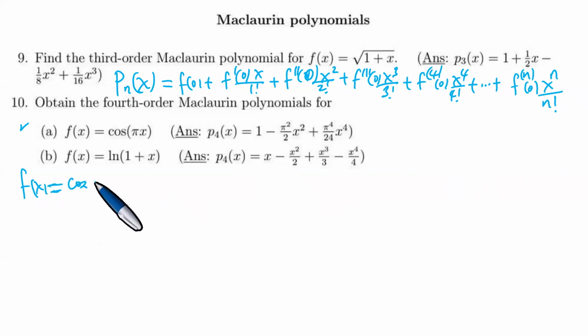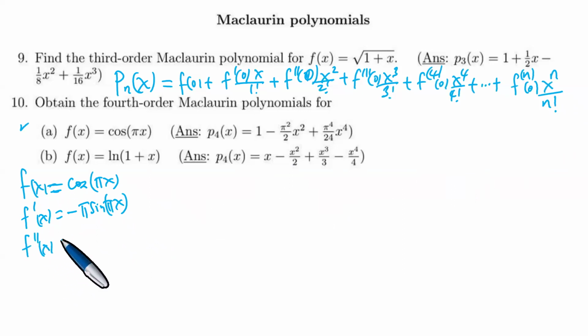So we have the cosine of pi x. F prime: the derivative of the cosine is minus sine, but there's a pi, so minus pi times the sine of pi x. The derivative of the sine becomes cosine, but there's a pi that's going to come out, so f double prime is minus pi squared cosine pi x.